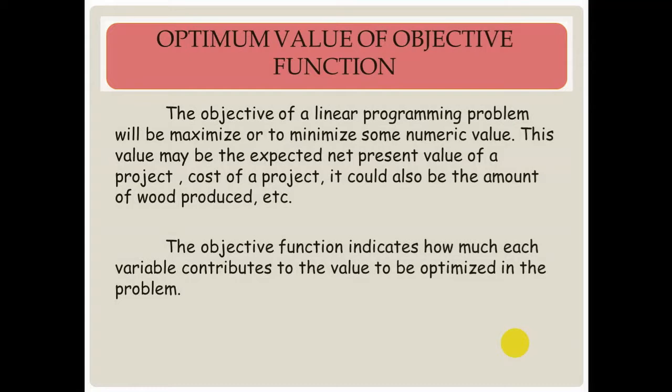This value may be the expected net present value of a project, or the cost of a project. It could also be the amount of wood produced, or parking area, and so on. The objective function indicates how much each variable contributes to the value to be optimized in the problem.